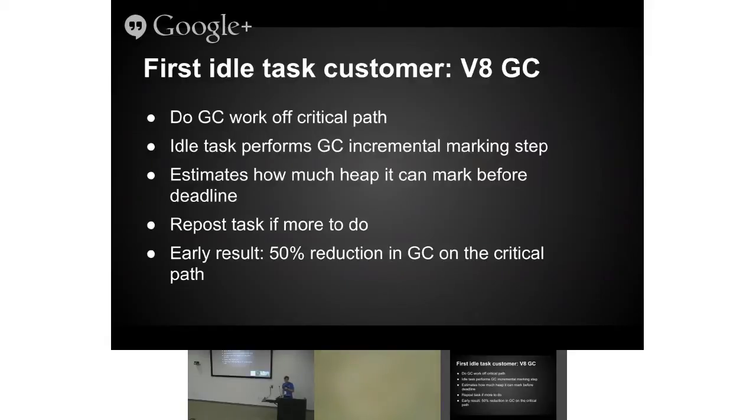The way it works is that V8 itself keeps an estimate of how many megabytes per second it can perform this garbage collection, and it looks at the size of the heap and the deadline given to it, and decides how much incremental marking it can do. If there's still more to be done after that, it'll just repost itself and keep doing more in the next frame. And early results, we're seeing a pretty big reduction of garbage collection on the critical path from this.